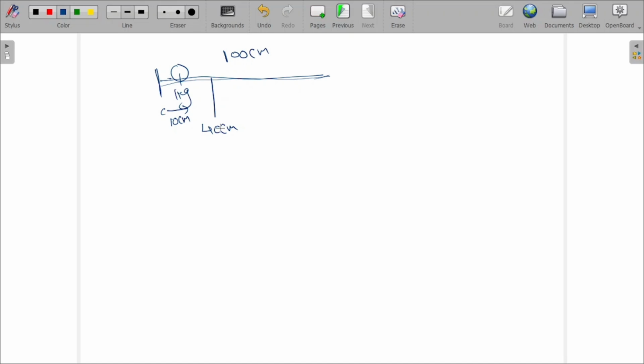The fulcrum is at 40 centimeters, so the torque is taken about this point, which is the origin. What is this distance?